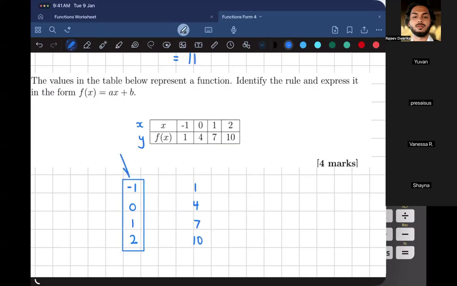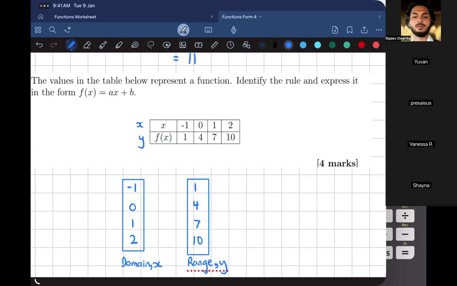I would call this the domain or the range? Domain. This is the domain, these are the x values. And this I would call the codomain or range, and these are our y values.